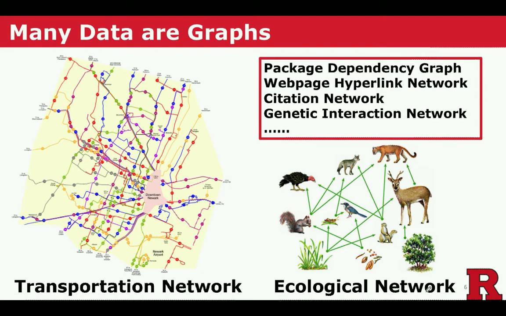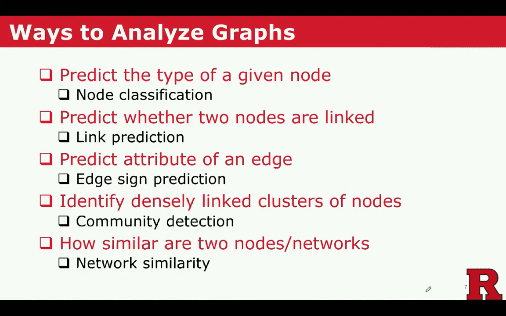So now we know that many data are graphs, and the next thing we need to know is what can we do with these graphs? There are several typical ways to analyze graphs. For example, you can predict the type of a given node.